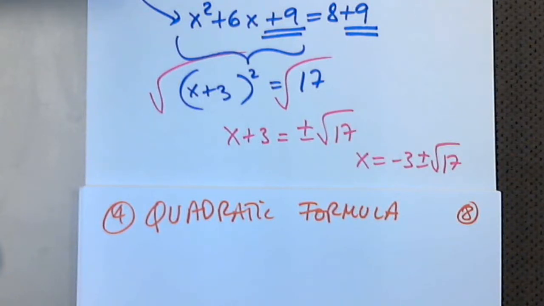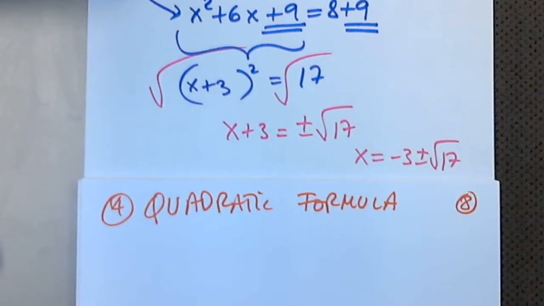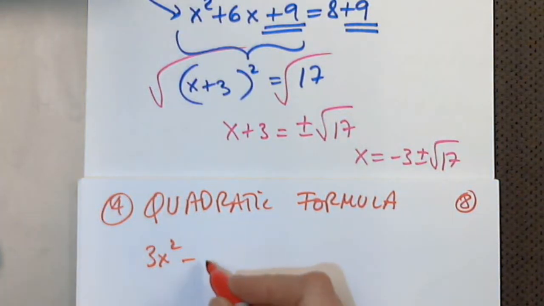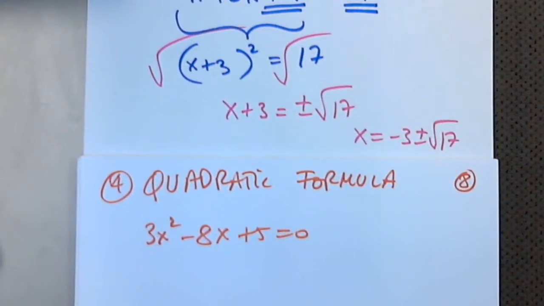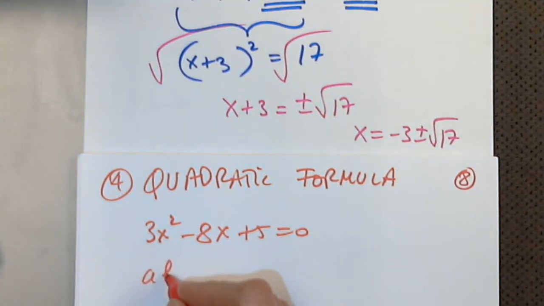You should have given a logarithmic equation or something. Make one up. 3x squared minus 8x. You said 8? 8x, very good. Plus 5. Perfect.